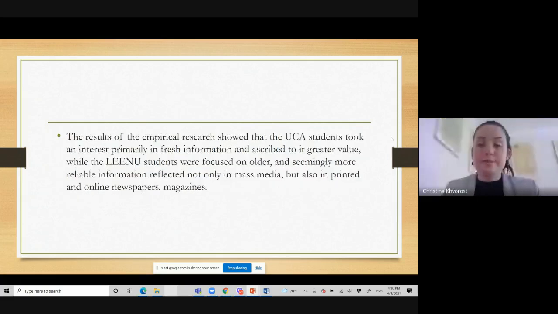The results of empirical research showed that students of the USA took an interest primarily in fresh information, ascribed to it great value, while Ukrainian students were focused on older and seemingly more reliable information, reflected not only in mass media, but also in printed and online newspapers and magazines.